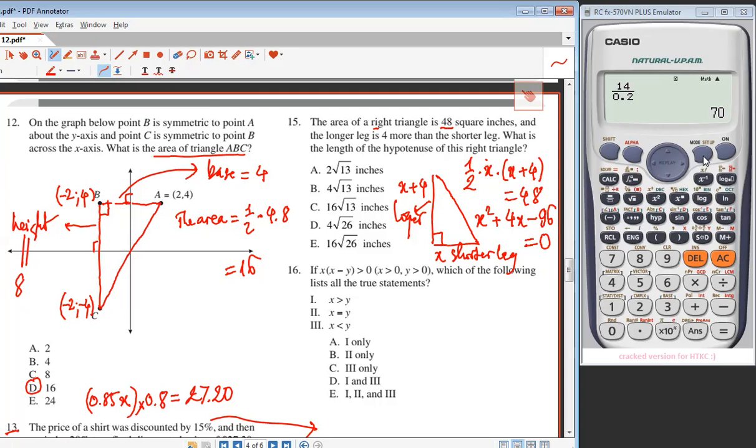We can use the calculator to find the solution. The solutions are 8 and minus 12. Of course, the length is not negative, so we choose the solution 8.